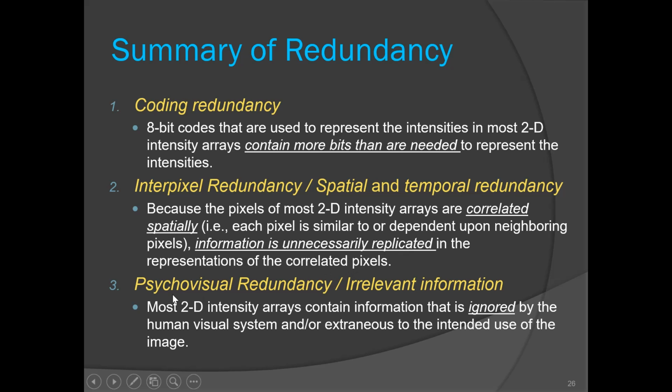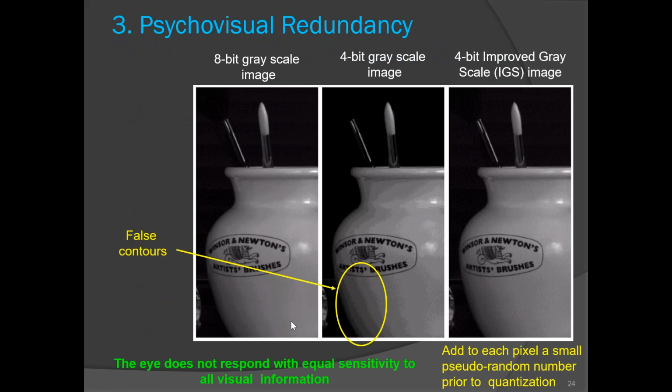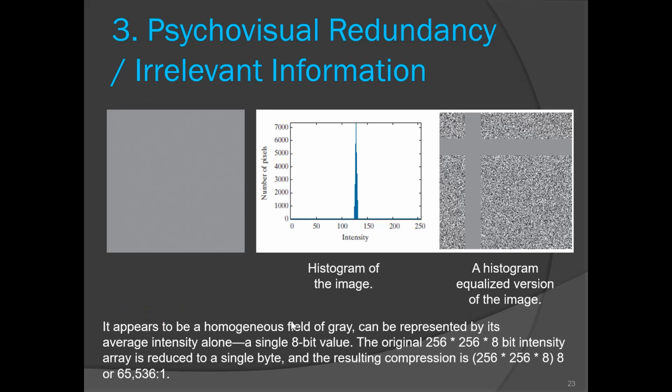Then we have psychovisual redundancy, also known as irrelevant information. This redundancy is due to the limitation of the human vision system, because most 2D intensity arrays contain information that is ignored by the human visual system. We have seen one example, this one.